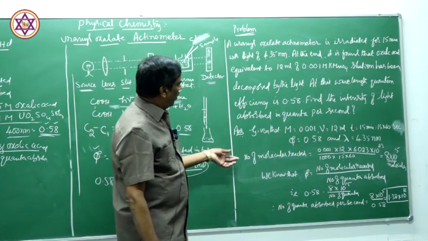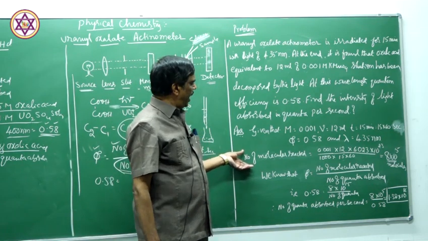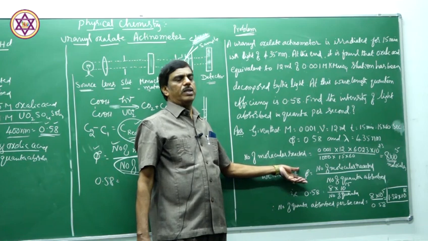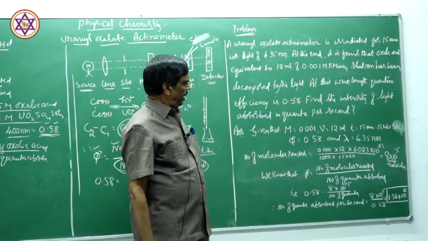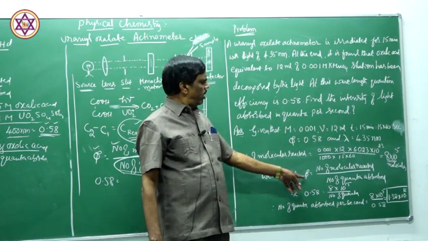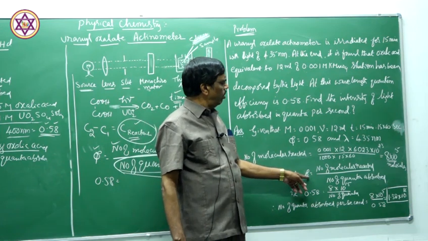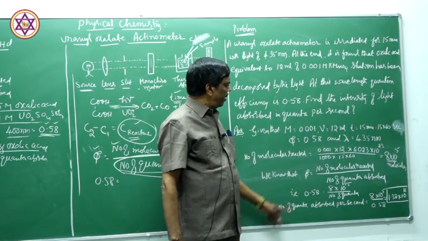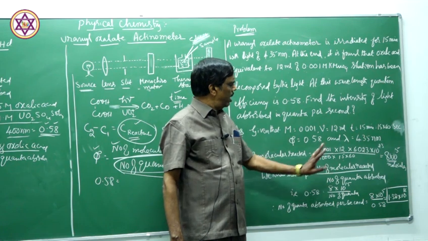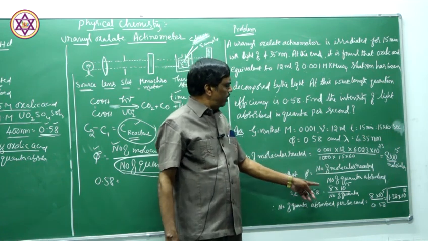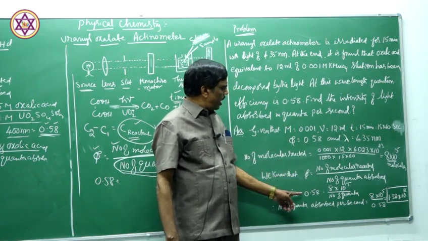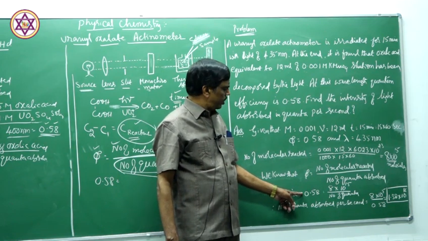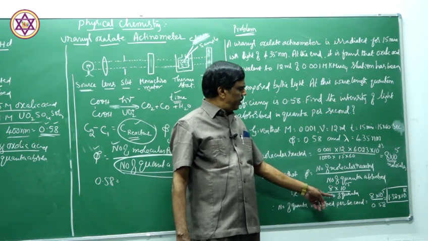So, we have calculated the number of molecules, and we know the quantum efficiency of the standard solution, 0.58. Quantum efficiency phi is equal to number of molecules reacted divided by number of quanta absorbed. Number of molecules 8 into 10 to the power of 15, and quantum efficiency for standard solution is known, 0.58, divided by number of quanta.